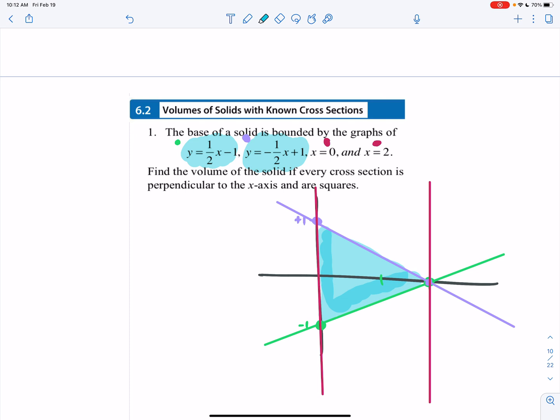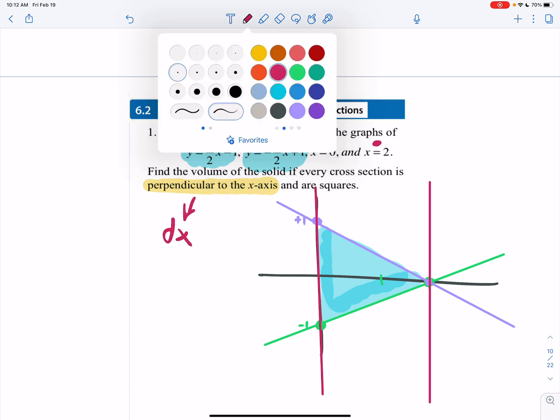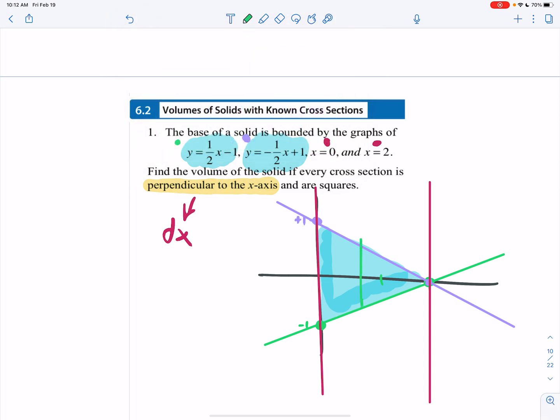So here's what you do. First, you want to note that it says it's perpendicular to the x-axis, okay? So that just tells you that we're integrating with dx, okay? So right away, what you're going to do is you're going to draw a sample rectangle. Remember, dx means we have a vertical rectangle, okay? Okay, so what you're going to do here is we're going to show that that one cross section represents, in this case, squares.